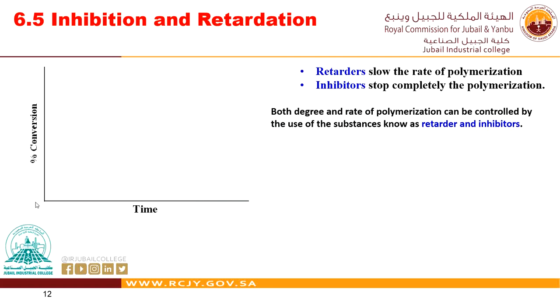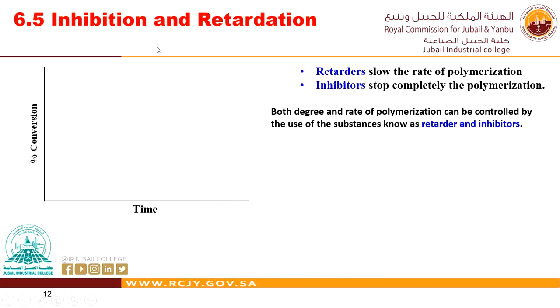But after some time, maybe 13% of the monomer will react to form a chain. For example, if you have 100 units of monomer in a reactor and 20 of them undergo reaction, it means that the conversion is what? 20%. That is 20 out of 100.